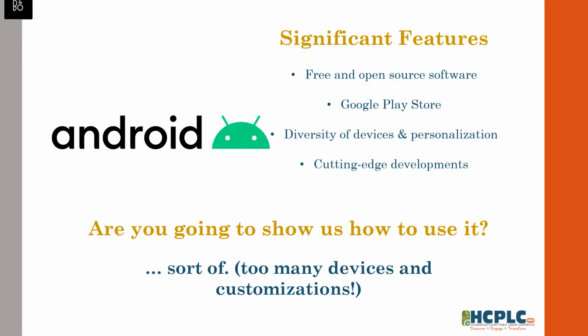Finally, cutting edge development. Even though Apple is always in the news for having cutting edge things, and some of the things they did were revolutionary, Android actually leads the way in developments in the smartphone and tablet world. One of the biggest examples of that is the use of a stylus. A lot of Android devices let you use a stylus before the Apple Pencil came out, for example.